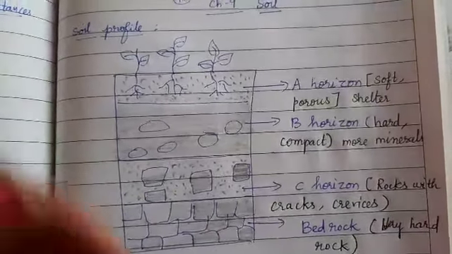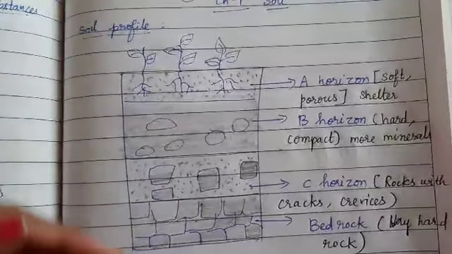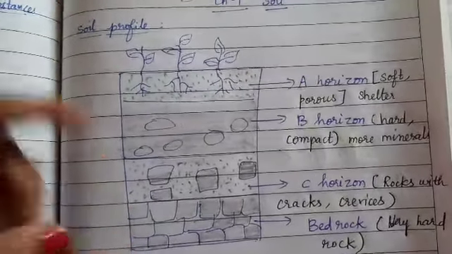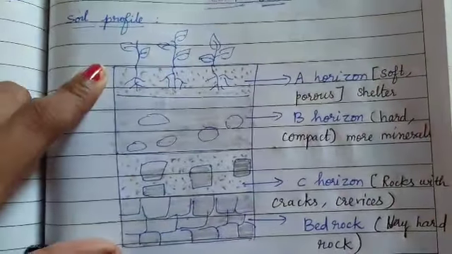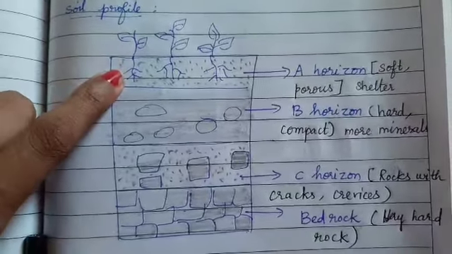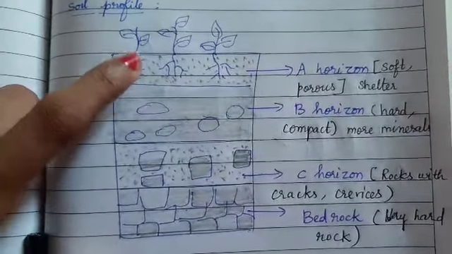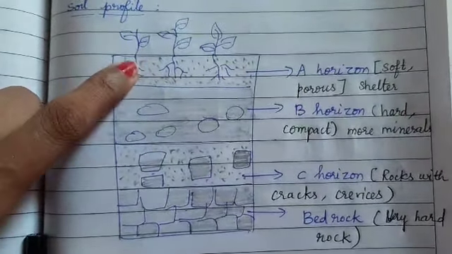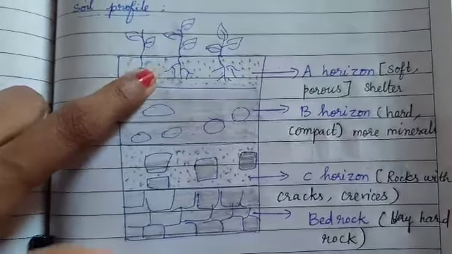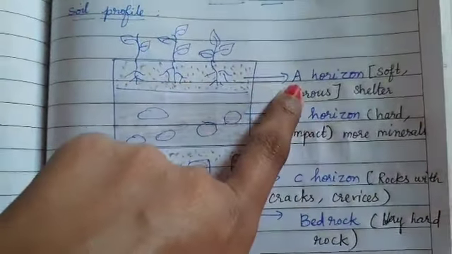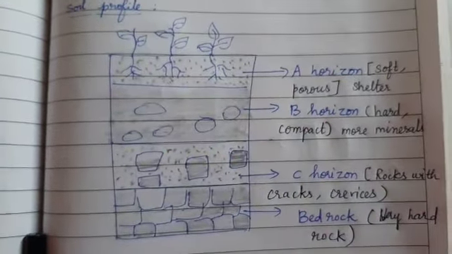Okay, so again we are going to take a cross section, that is a section of the soil, and see in detail. So in the top layer you would have the trees and the plants. The top layer of the soil is called a horizon.